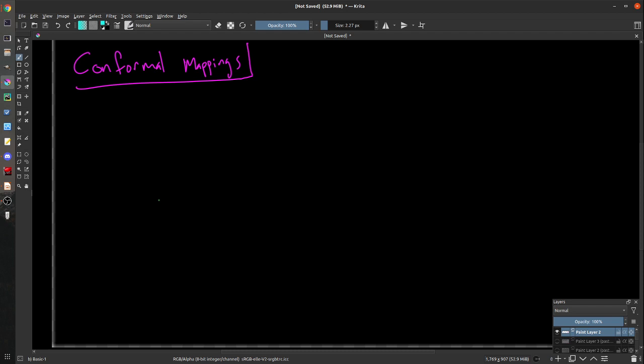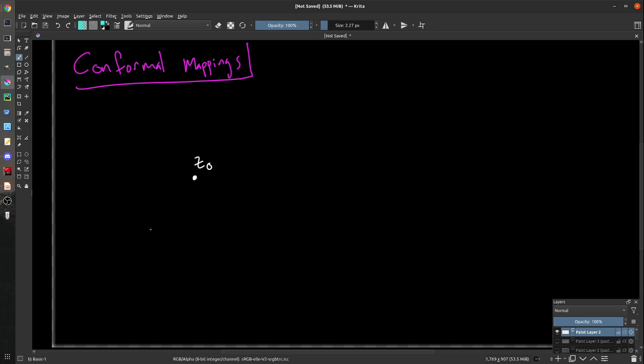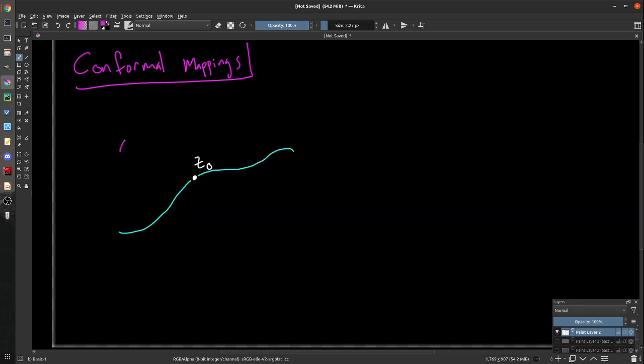The idea is that, let's say we have some point. Let's call this z naught, and I'll draw some path going through z naught, and then I'll draw a different path going through z naught.